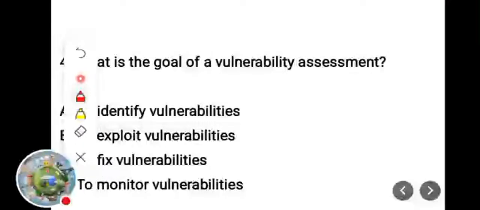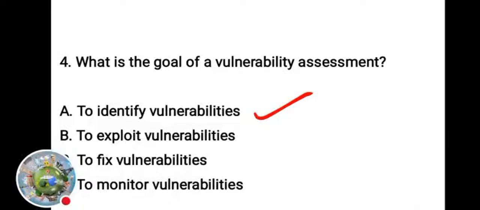The goal is identifying the vulnerabilities and weakness in a system or network. So the answer will be A for question 4.